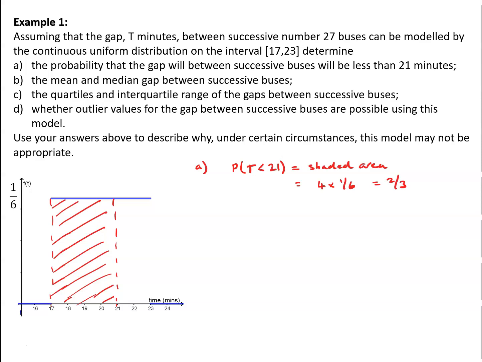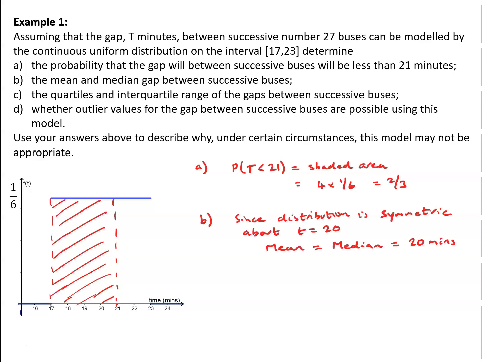So the model is giving a probability of 2/3 that the gap between successive buses will be less than 21 minutes. Since the distribution is symmetrical about t equals 20, the mean is equal to 20 and the median is equal to 20 minutes.